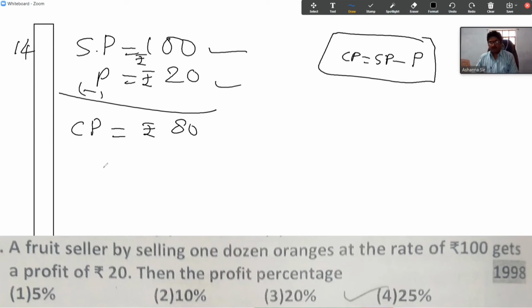Now we can find profit percentage. Profit by cost price into 100 percentage.